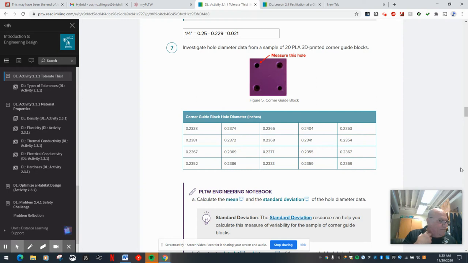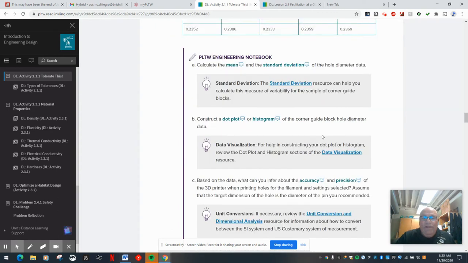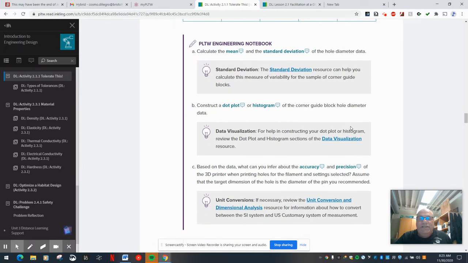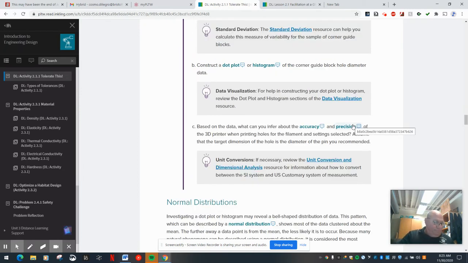So for number seven, the mean that I got was 2.364. That's for A, 2.364. And then you plot a histogram, which is in the Excel.